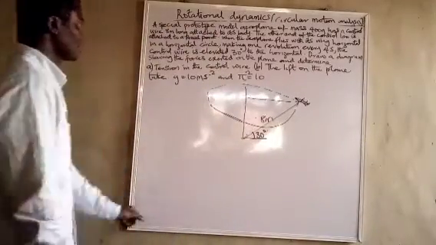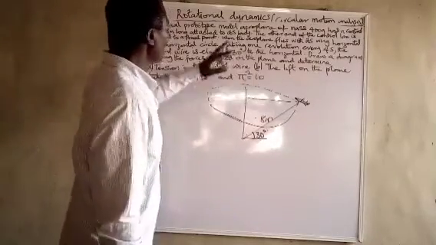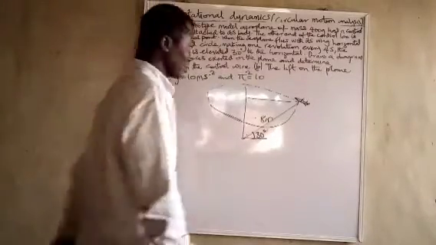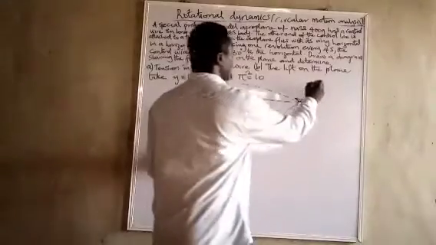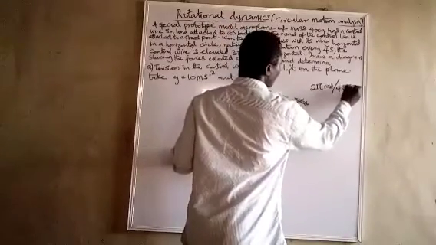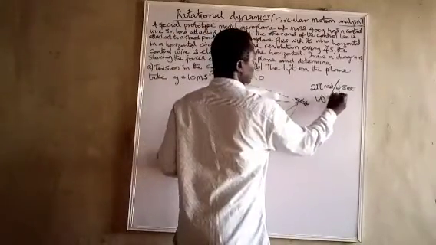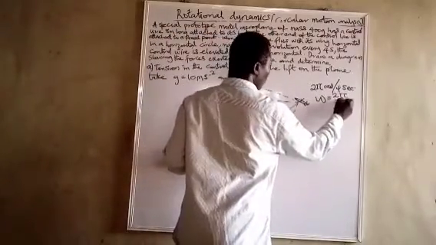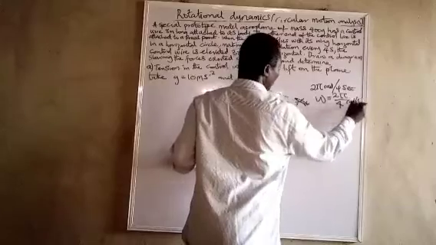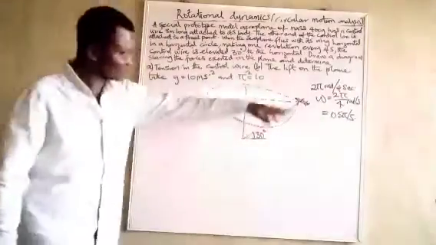That is the inclination to the horizontal. Then it will move round making 1 revolution every 4 seconds, which means that it travels 2 pi rad every 4 seconds. Therefore, angular velocity will be 2 pi over 4 rad per second, which is 0.5 pi per second. So that is the angular velocity.